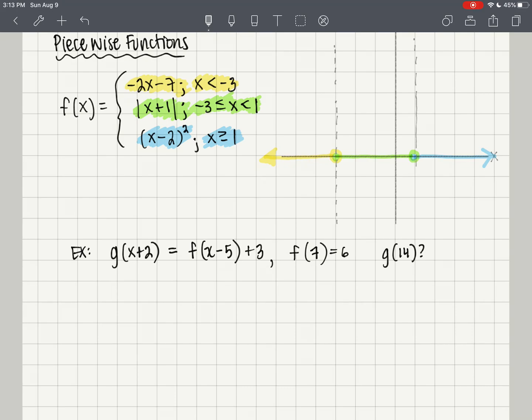And then the middle section, your green function, is going to be right there. And then to the right, that third section, this section right here, is going to be a quadratic. Okay.